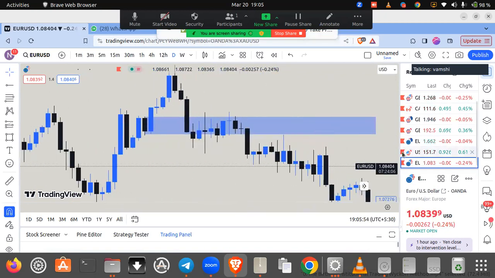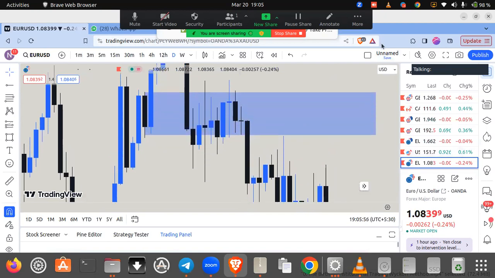I'll zoom in. You can see, right? This bearish candle broke the engulfing buy zone, making it an engulfing buy fail.